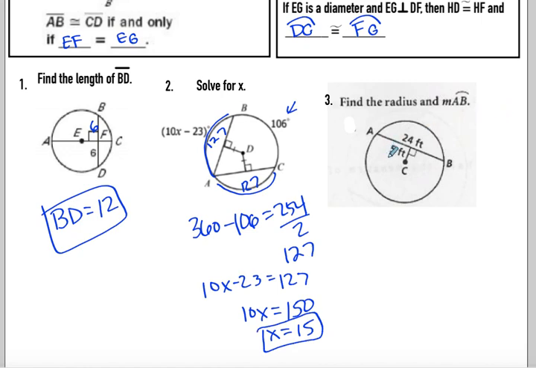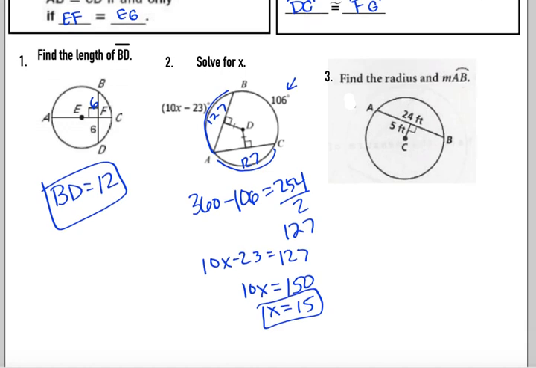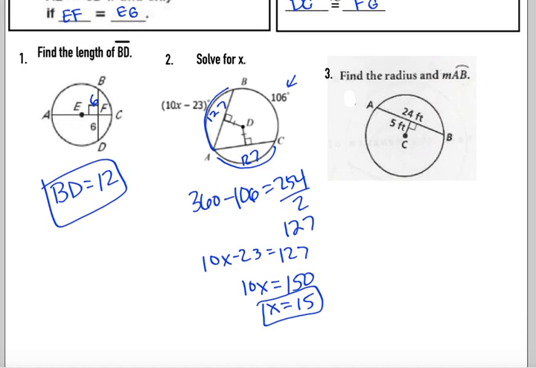For this one over here, it says find the radius and the measure of arc AB. We're not doing the measure of arc AB part. We're just going to find the radius. So notice that there's no radius even drawn, so you would want to draw one in, like from C to B there. That gives us a right triangle, so we're going to be using the Pythagorean theorem.